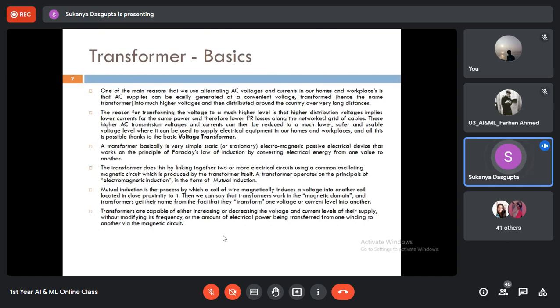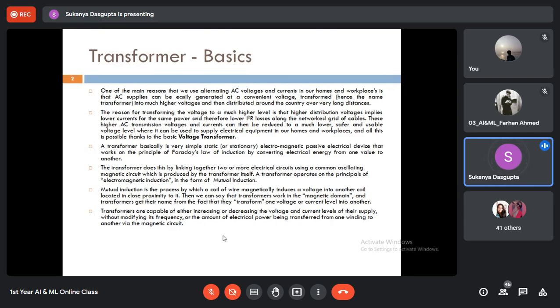Okay. So one of the main reasons why we chose AC, alternating voltages and alternating currents in our homes and other workplaces, is that AC supplies can be easily generated at the convenient voltage level, and further that voltage can be transformed, hence the name transformer, into much higher voltages and then distributed around the country over very long distances using suitable cables.